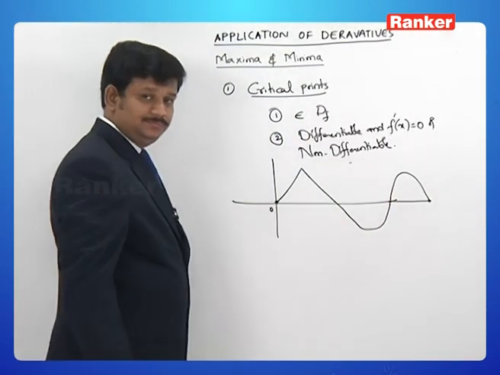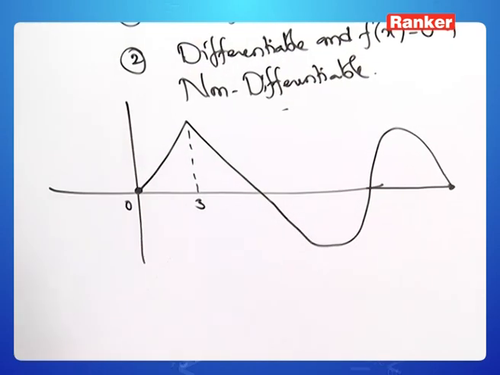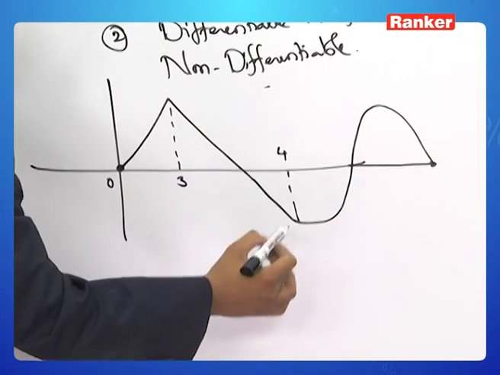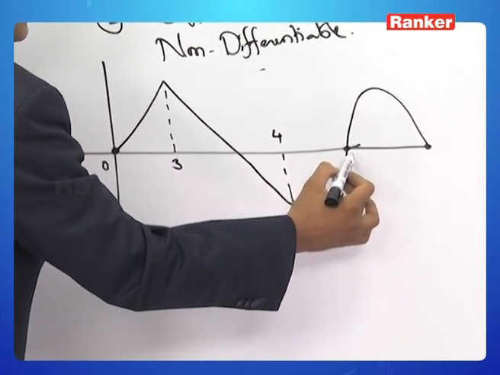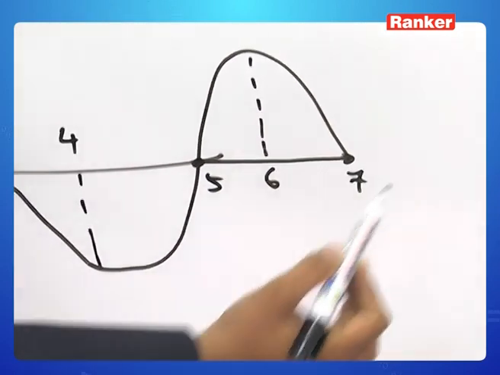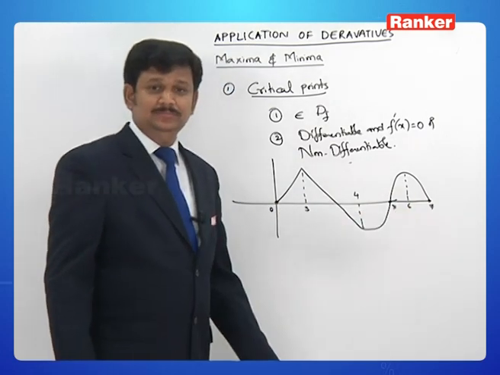Let us say this is 0. Let us say the abscissa of this point is 3, 4, 5, 6 and 7. So, we are looking at a function whose graph is given from 0 to 7 here.